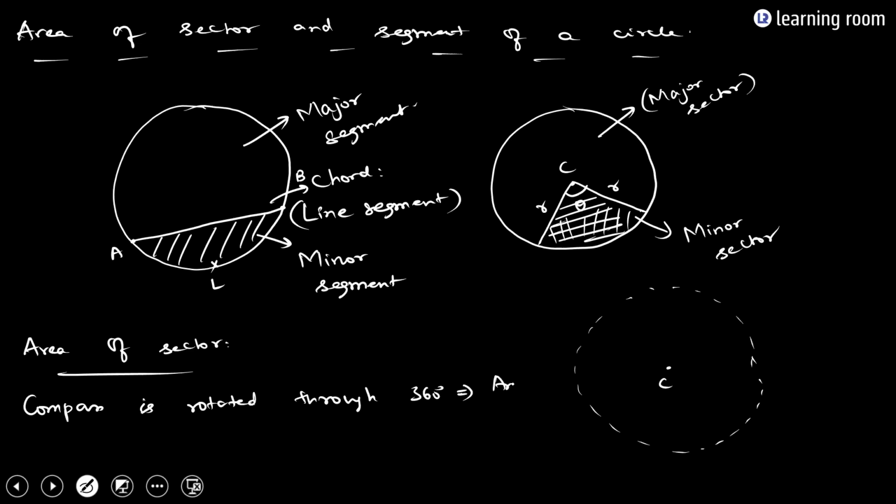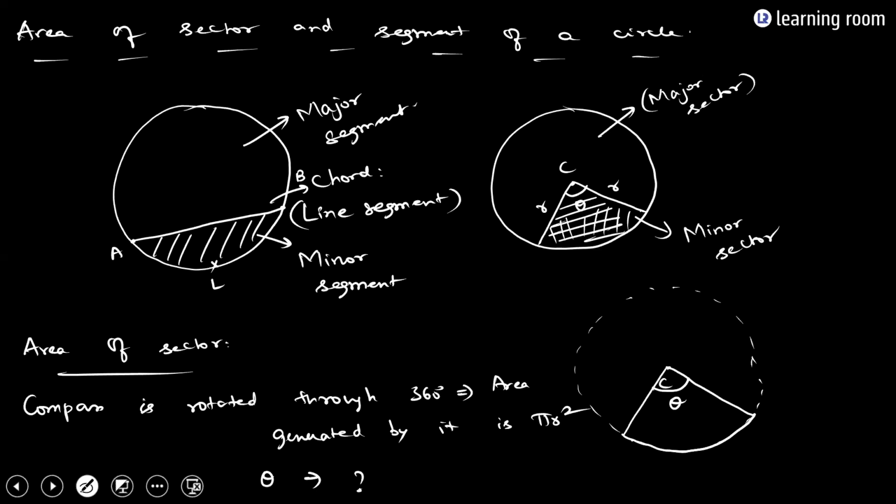The area generated by it will be pi r square. Whereas if you take the compass and rotate it only through an angle theta, what would be the corresponding area?